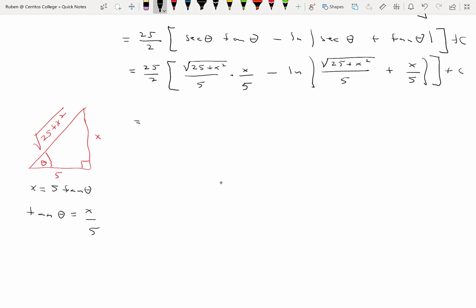This is 1/2 x times the square root of 25 plus x squared, and I got that by distributing the 25 over 2 back in.